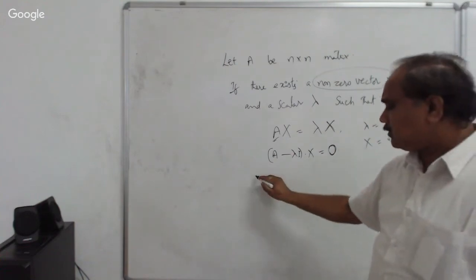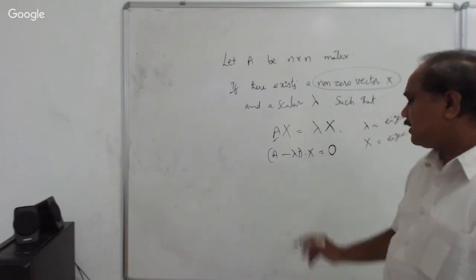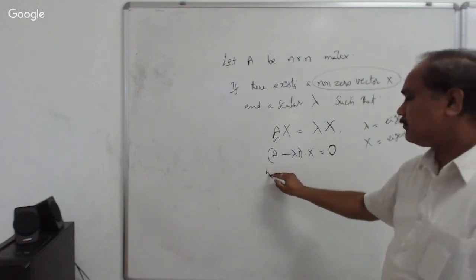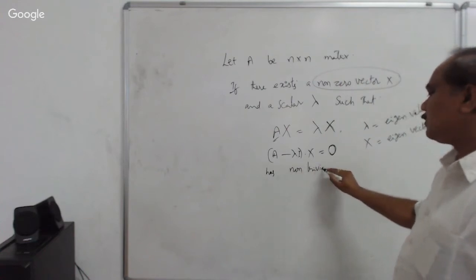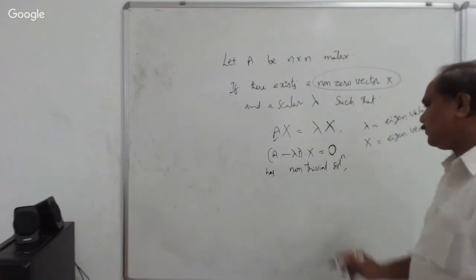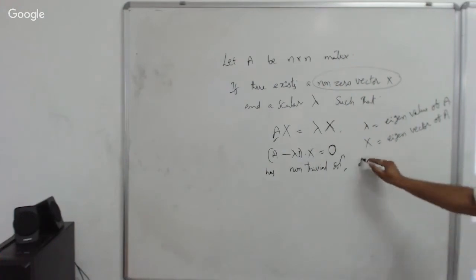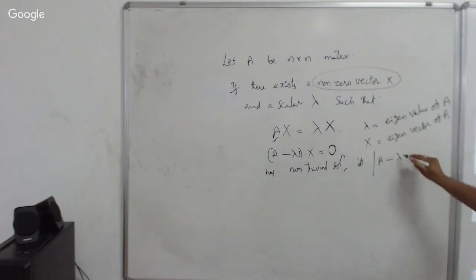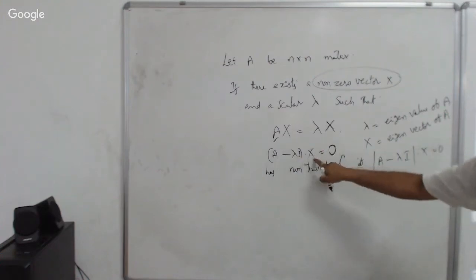It has a non-trivial solution if and only if its determinant equals 0. Of course, the determinant of this means the determinant of this into the determinant of this.